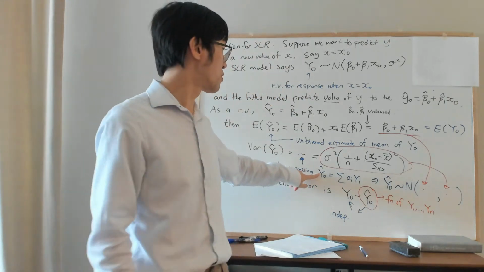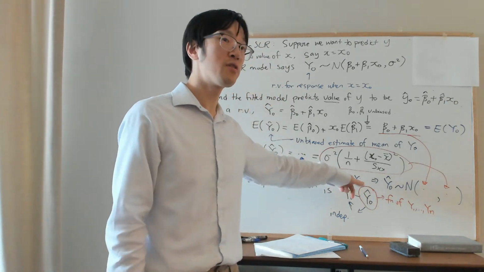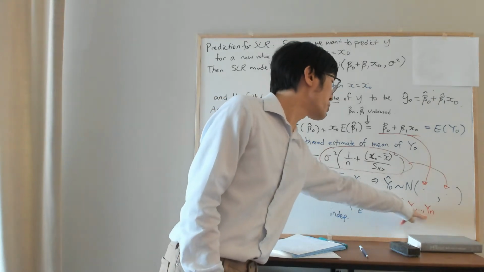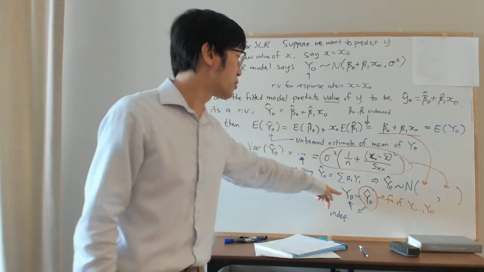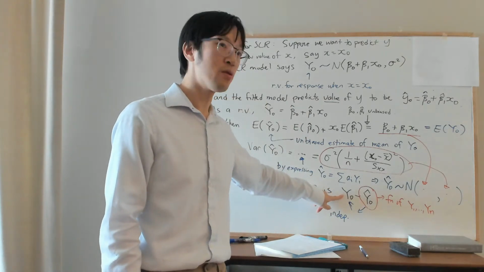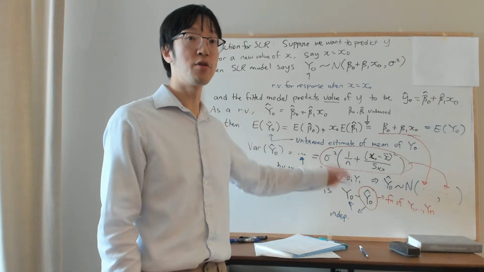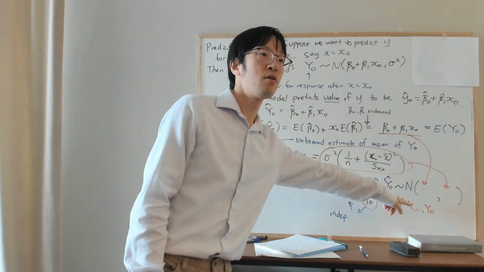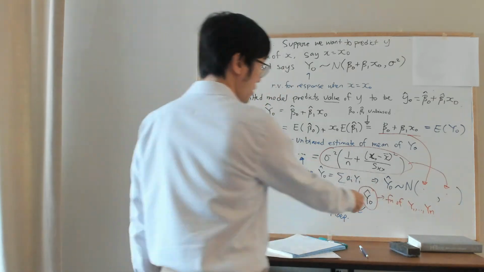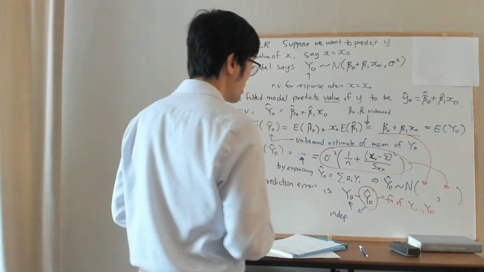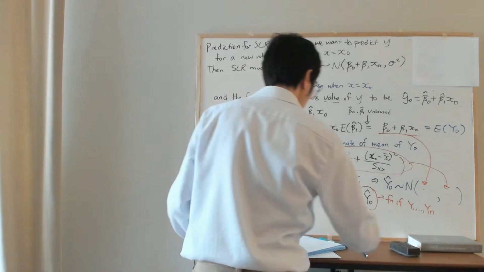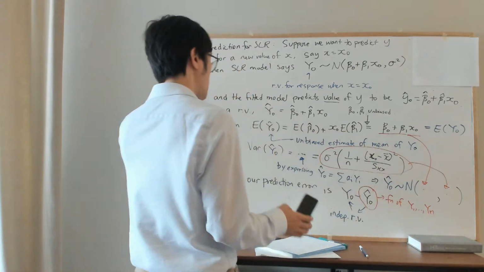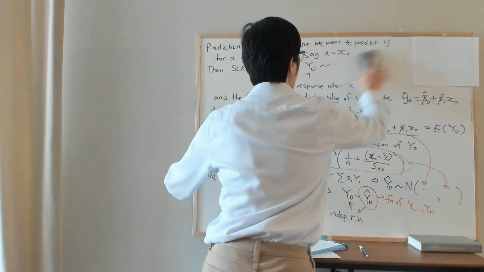Just like I wrote up here, y0 hat is a function of the existing data. All these yi's are independent, and when you plug in a new value, this y0 for our new observation, it is also independent of all the previous observations. Therefore these two are independent, and that's going to help when we take the variance of our prediction error. So let's do that up here.